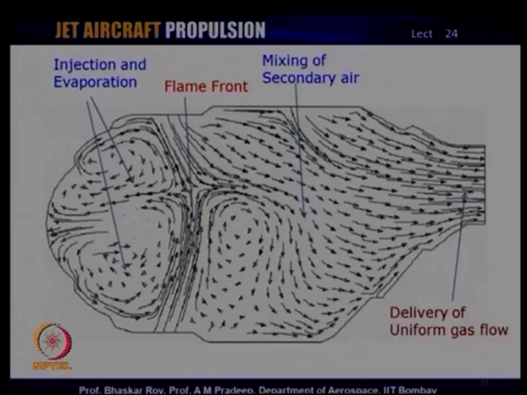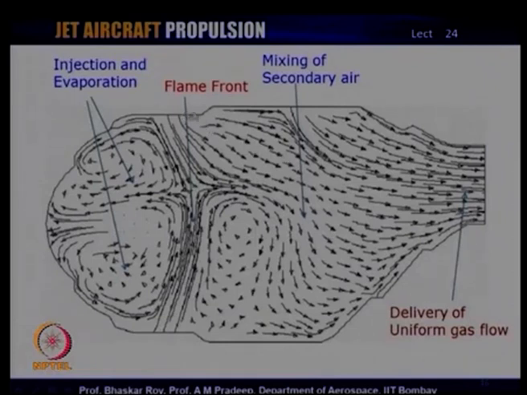Now, once the process of combustion is over and the flame front delivers the combustion products, you again need a process of recirculation, and this is what is done by infusing cold air through those air vents. They come in and create again a recirculation zone.